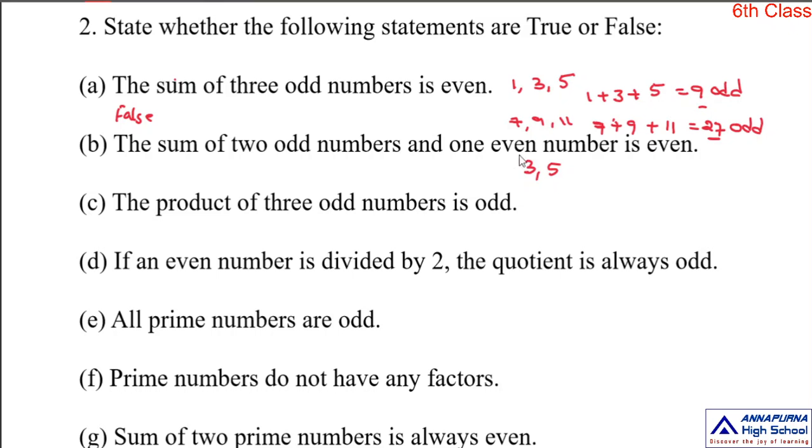Another one, we take one even number. 4 is an even number. We add these three and check the result. 3 plus 5 plus 4. 3 plus 5, 8. 8 plus 4, 12. This is even.